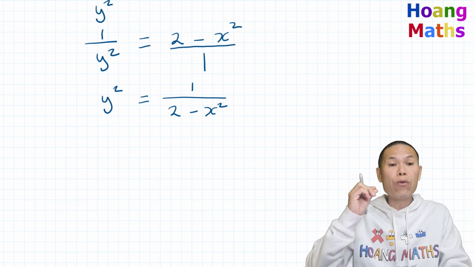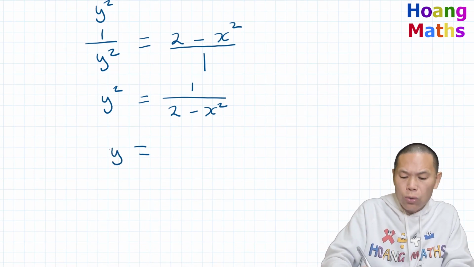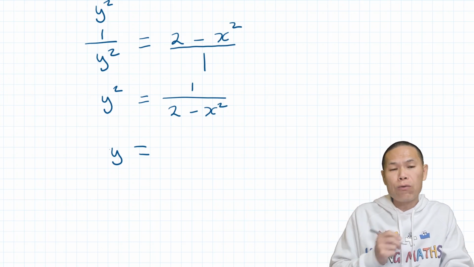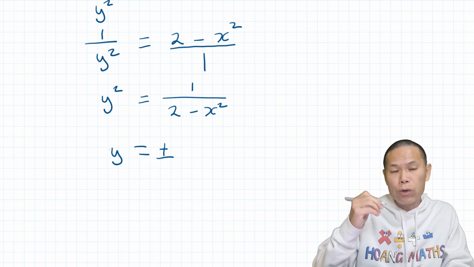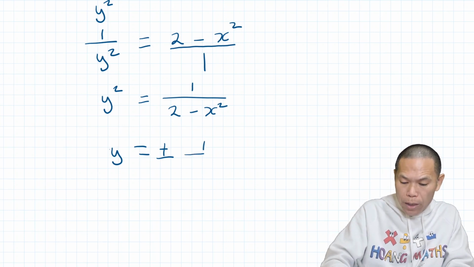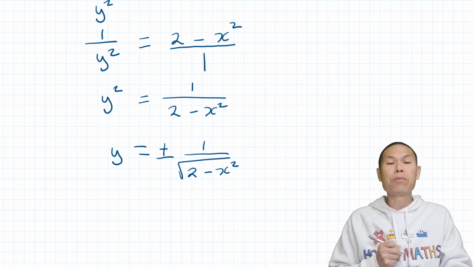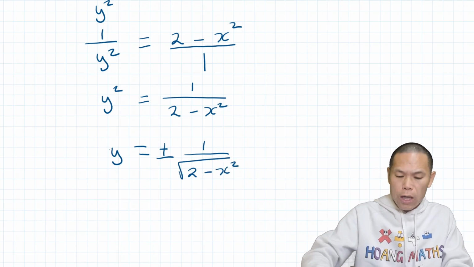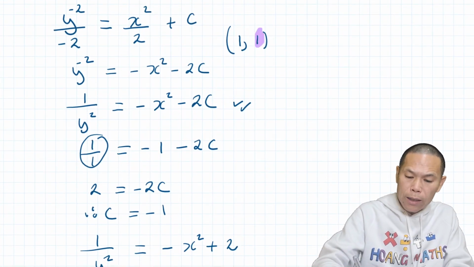Then I take the square root on both sides. So that means y is equal to, and every time we take a square root, we need to have a plus or a minus. The square root of 1 gives me 1, and the square root of the bottom gives me the square root of 2 minus x squared. Keep that in mind. Now if you think about it, when y equals 1, x is 1.